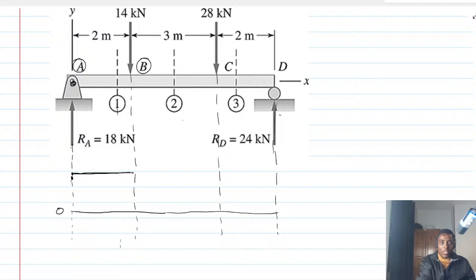And it was constant. So it means that the shear force was 18 throughout from A to B. That's all. In kilonewton.